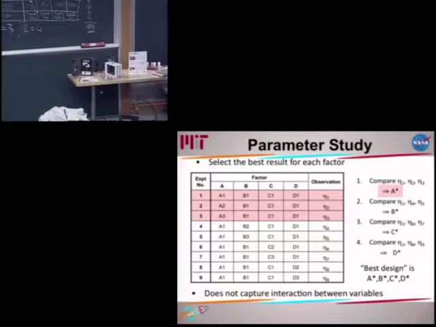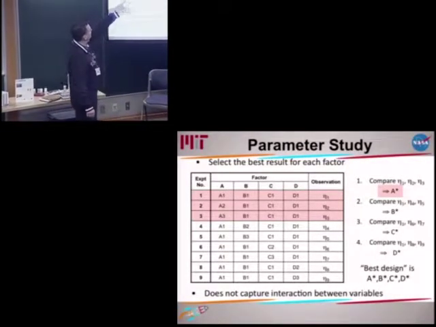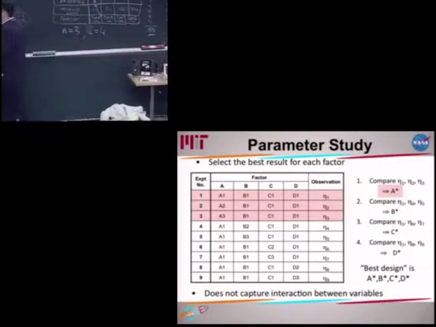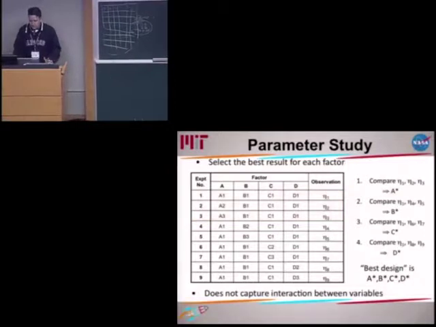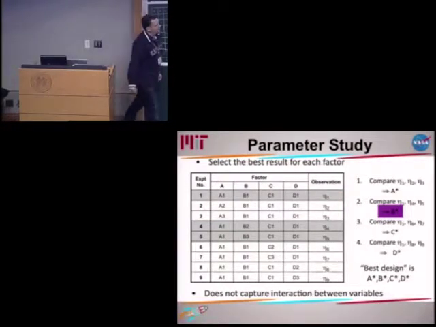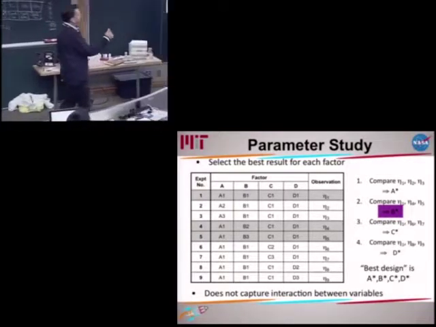And we're going to compare these 3 experiments, and then we're going to pick the best setting for A, and that's the one that we would retain. For B, what is the best setting of B? We would compare experiments 1, 4, and 5.